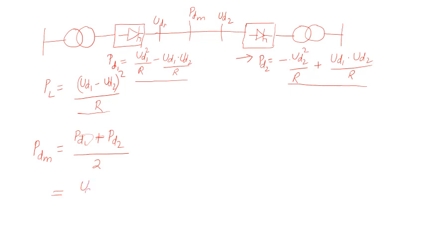So you will get UD1 square minus UD2 square divided by 2R. This is your PDM, that is the power at the middle of the line.